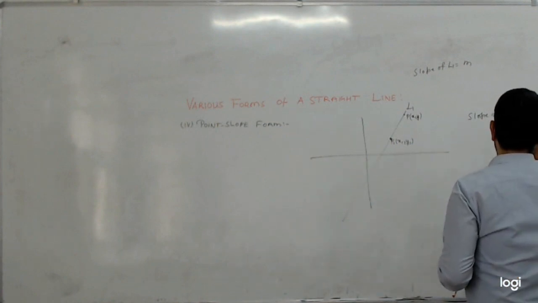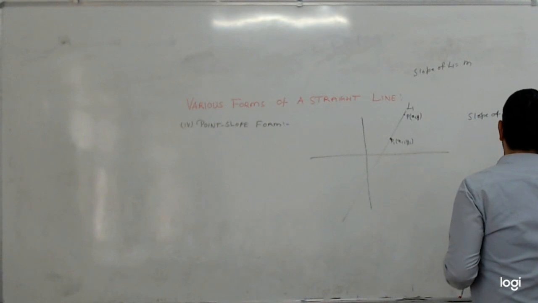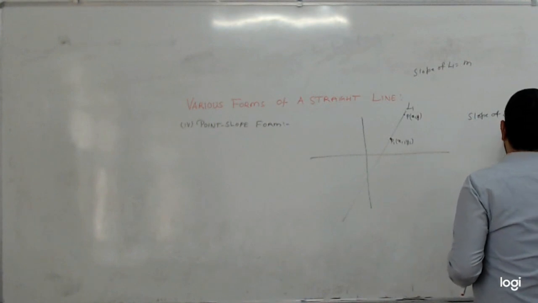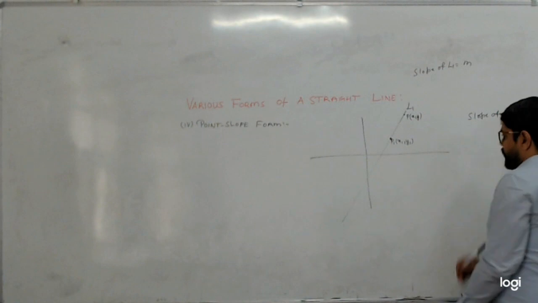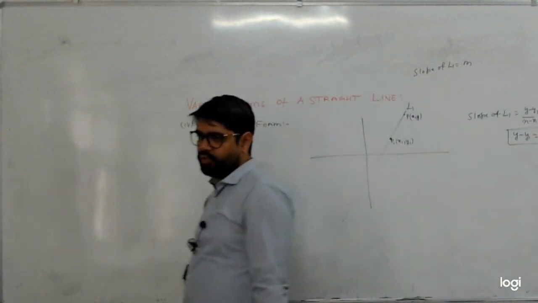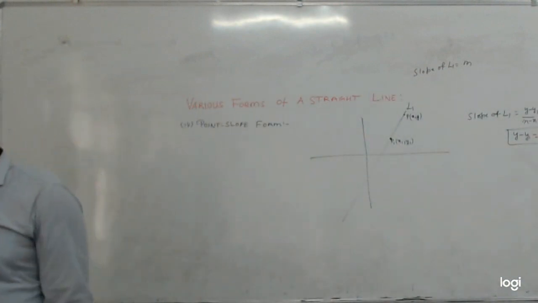So y minus y1 is equal to m into x minus x1.